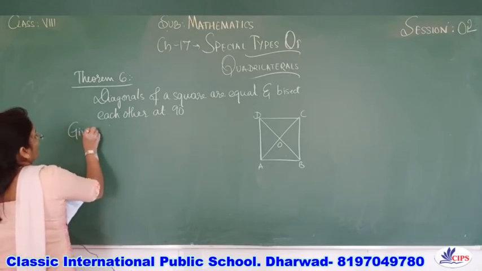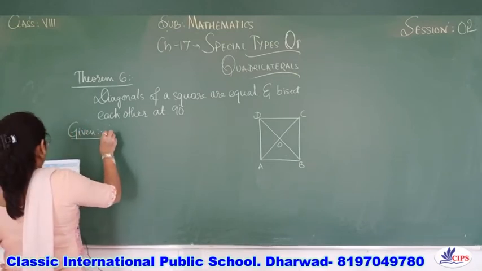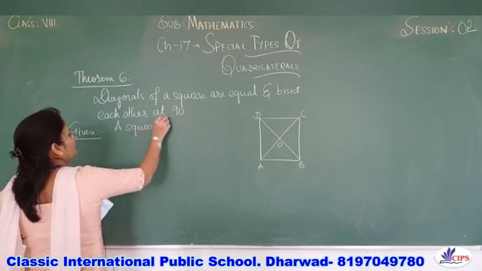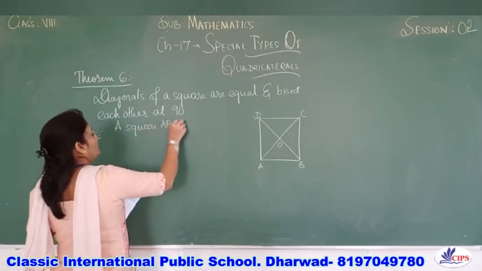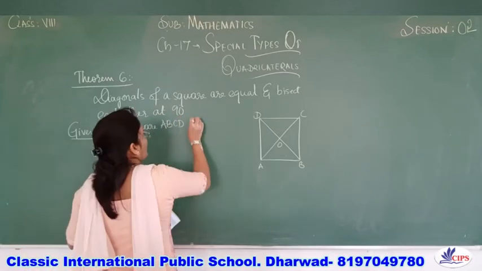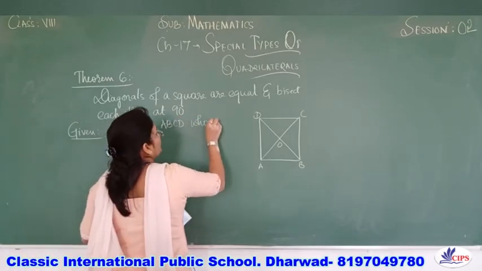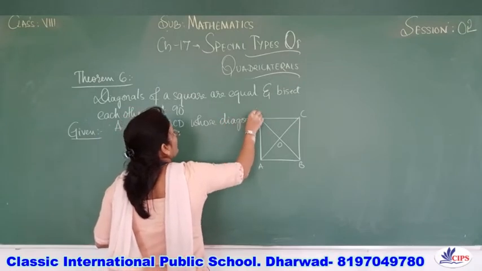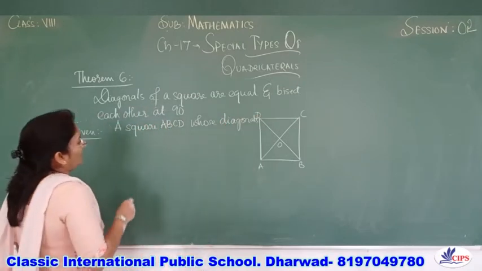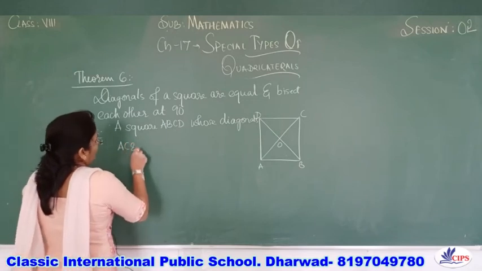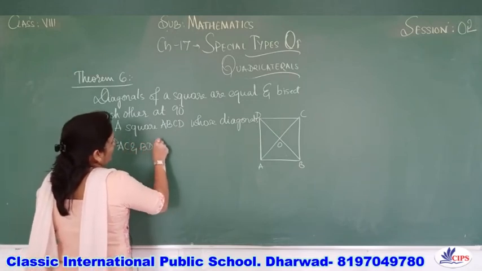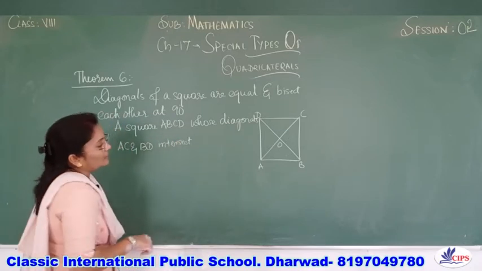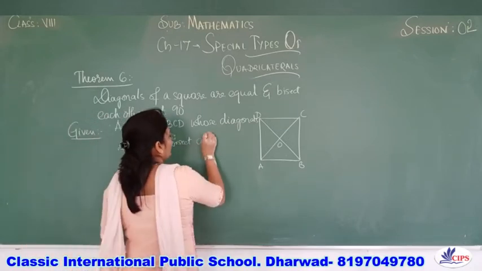We have a square ABCD whose diagonals AC and BD intersect at point O.